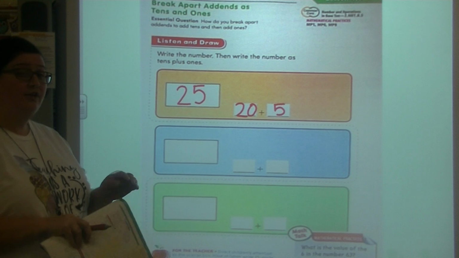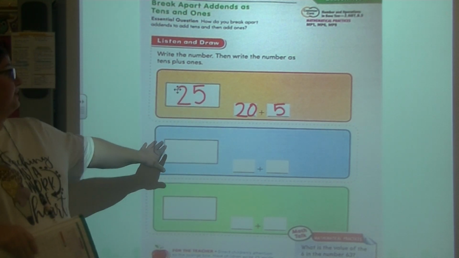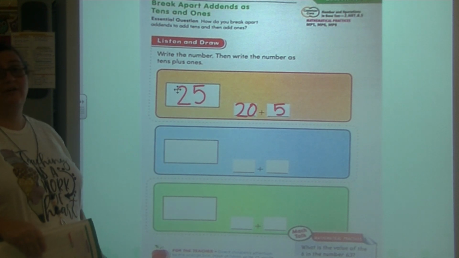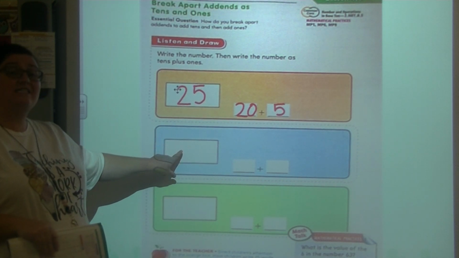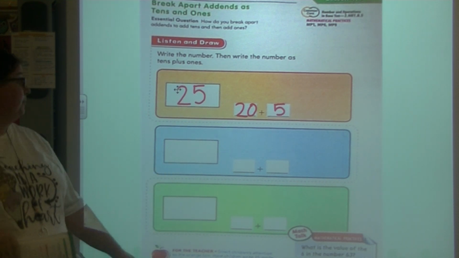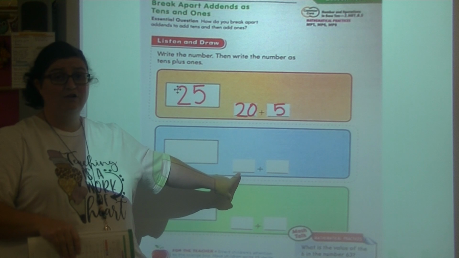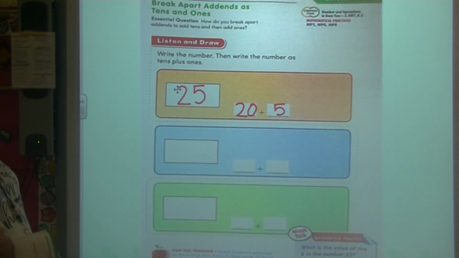All right, let's try another one. Put your finger in this rectangle. Write the number 36. Then I want you to tell me the place value for 36. We're going to break it apart into tens plus ones.